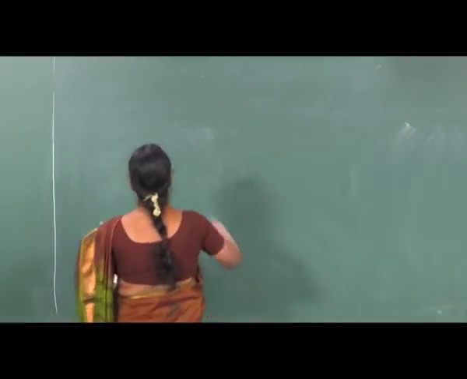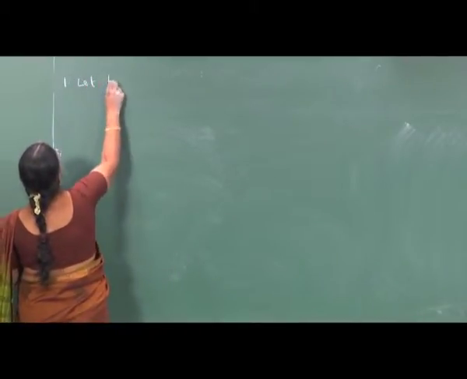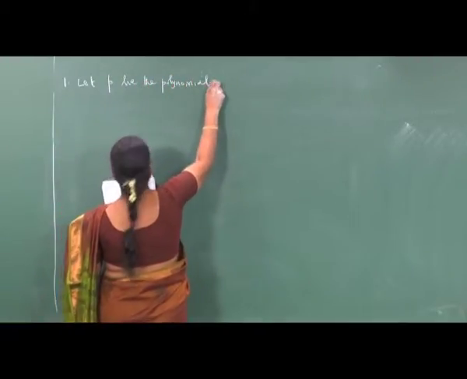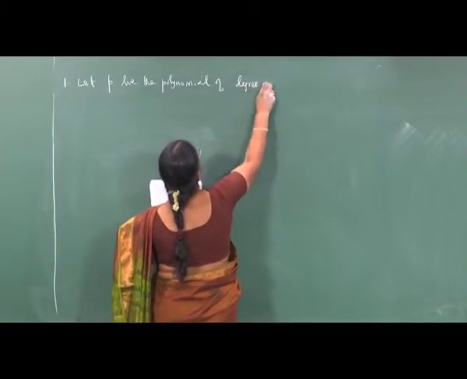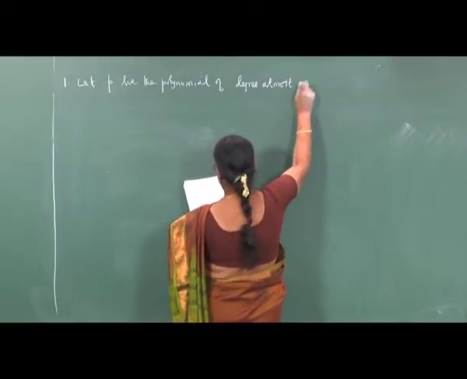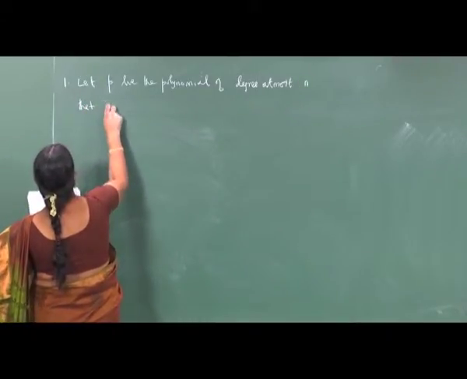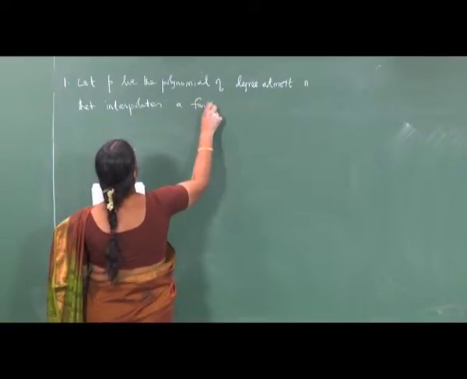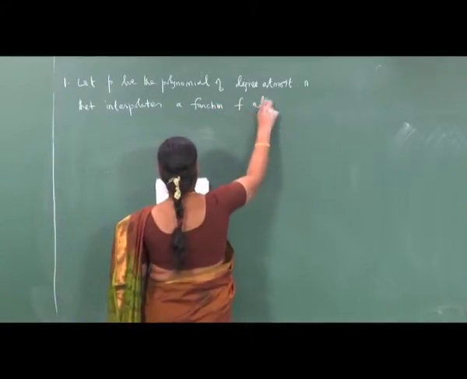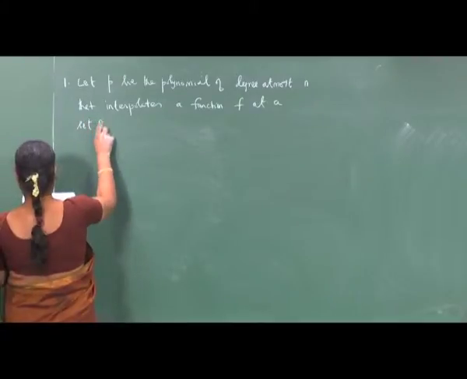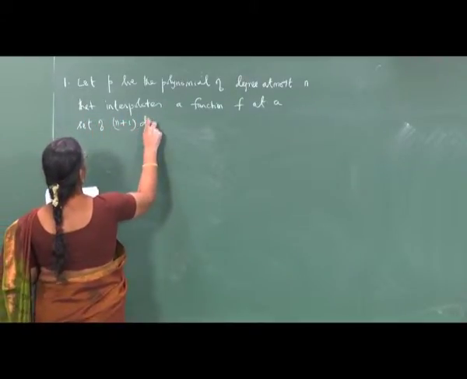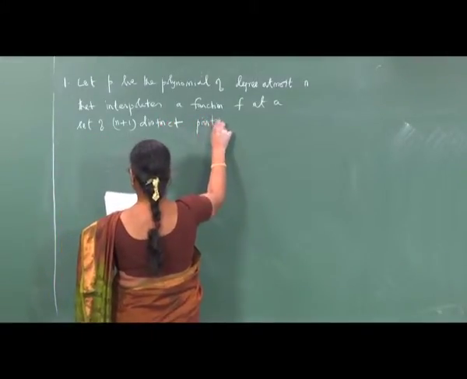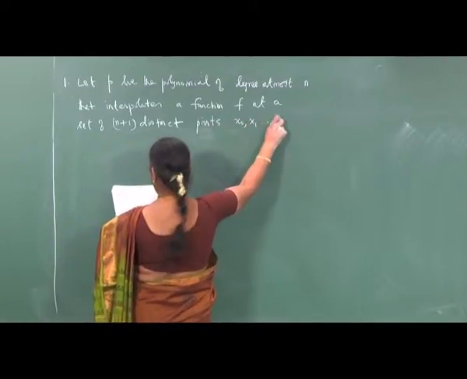Let P be the polynomial of degree at most n that interpolates a function f at a set of n plus 1 distinct points, say x0, x1, etc., xn.